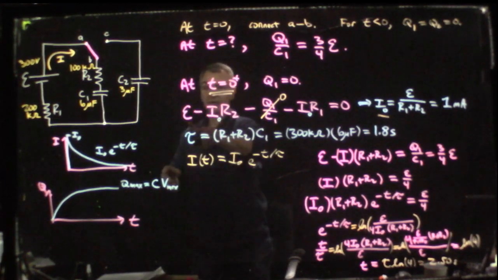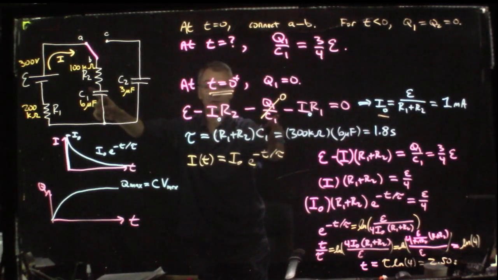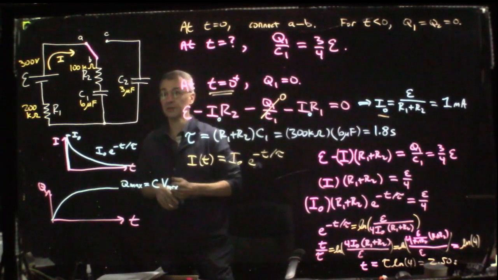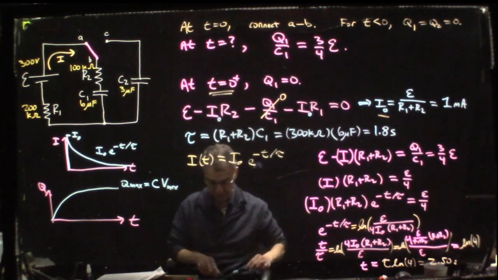See, here's battery EMF. This term is 0 once the current has stopped flowing. This term is definitely not 0. This term is 0. So that leaves us with the battery EMF equals the voltage across the capacitor after a very long time.